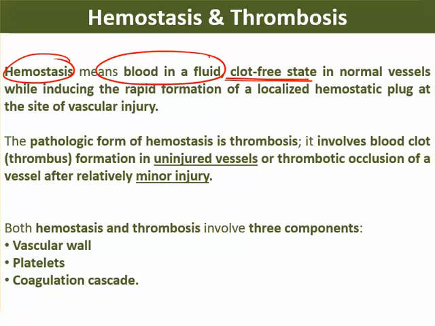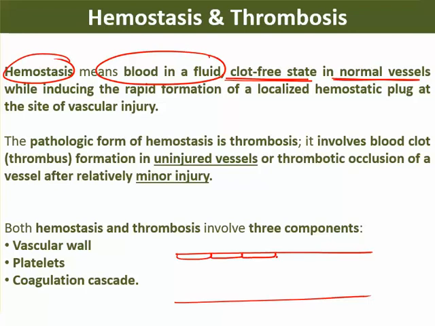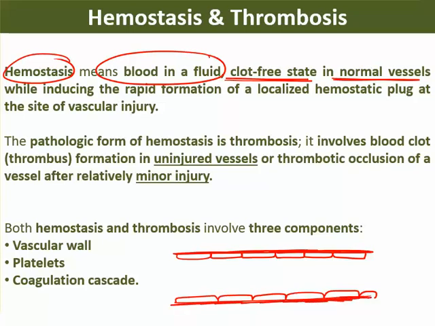You all understand this? In a normal vessel, the blood vessel is lined by endothelial cells. These endothelial cells sit on the basement membrane, and below the basement membrane we have a thin connective tissue.